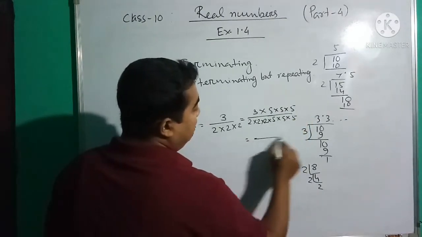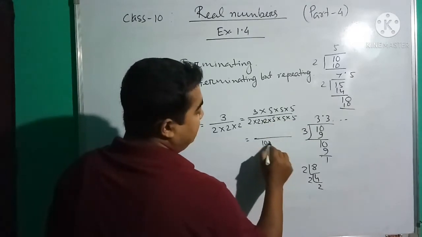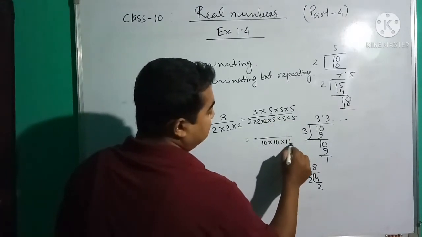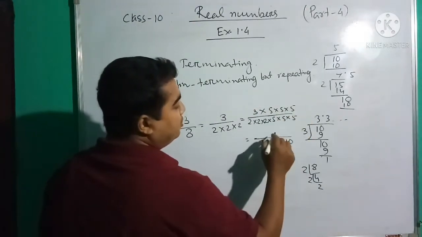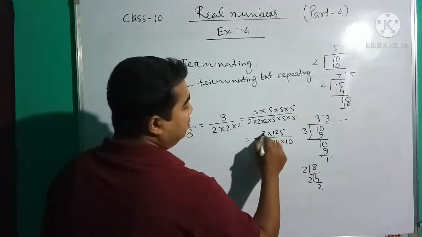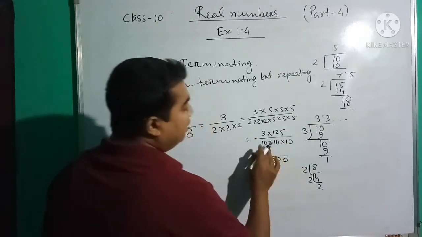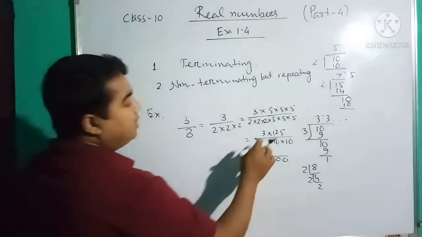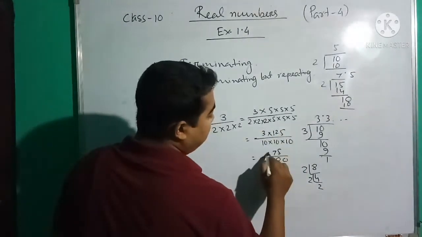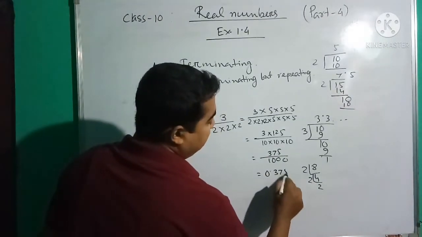Then 2 into 5 is 10, three times, that means 10 cubed. Again 5 5s are 25, 25 into 5 is 125, and 3 into 125 is 375. Denominator 10 10s are 100, 100 10s are 1000. The answer is 0.375.